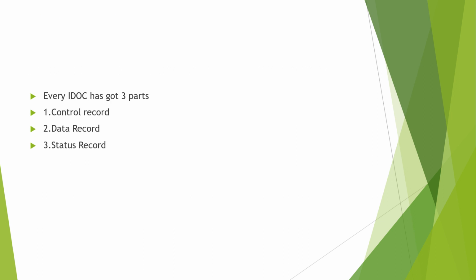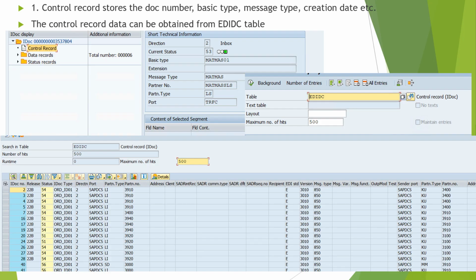An IDOC has three parts: control record, data record, and the status record. So what is a control record? Let's understand this. The control record stores information such as IDOC number, basic type, message type, when the IDOC has been created, who the sender is, and the partner profile number, partner type, and port number.